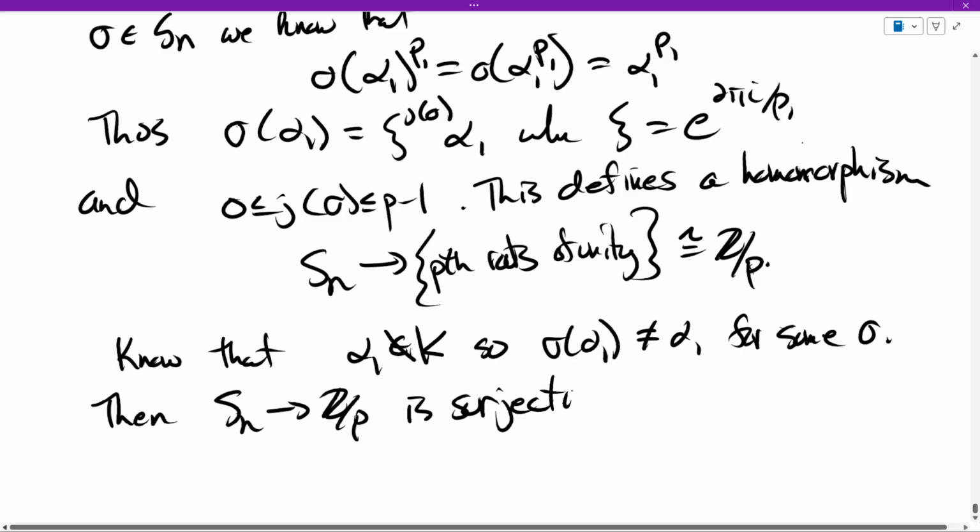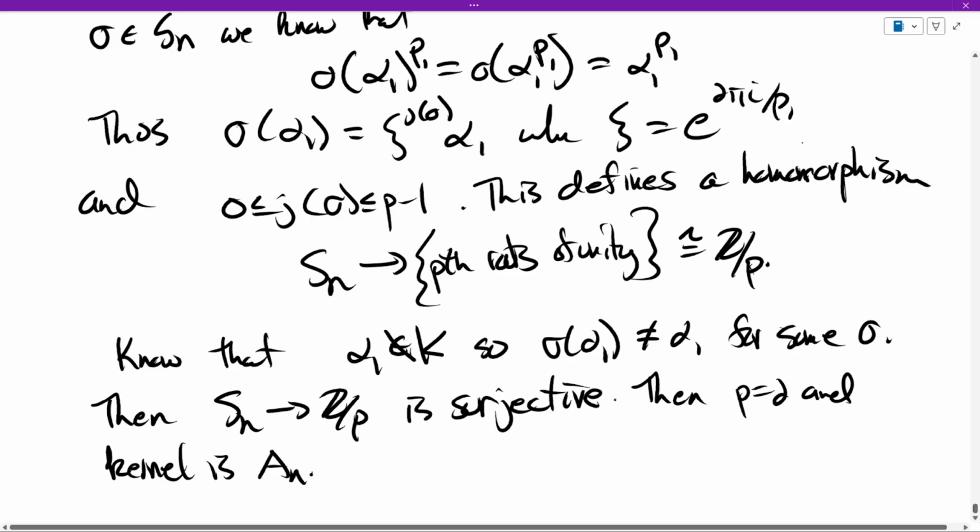It's a surjective homomorphism. So Z mod P is a quotient of Sn. Well, this tells us that P has to be equal to 2, and the kernel is actually An by the lemma that we proved in the previous video.